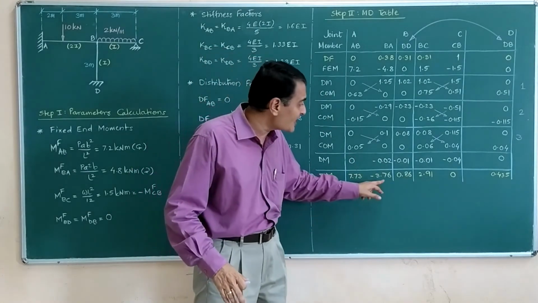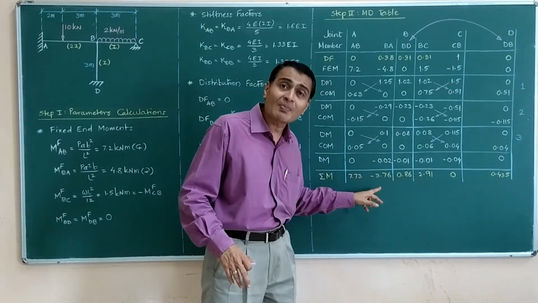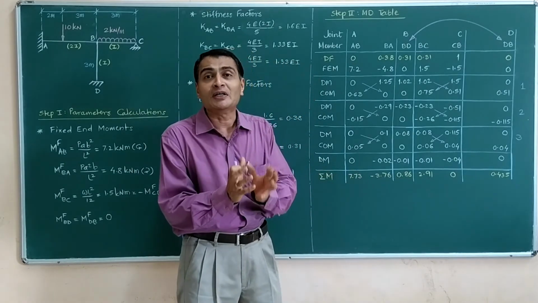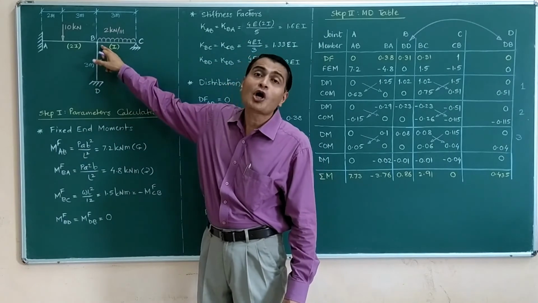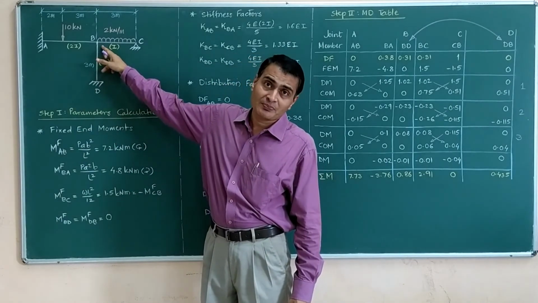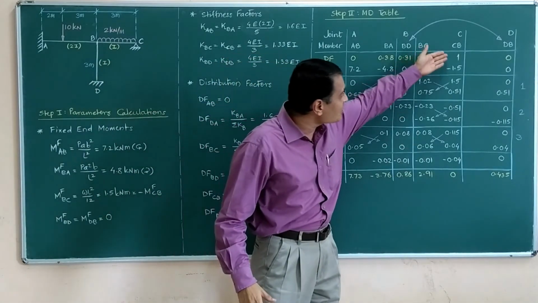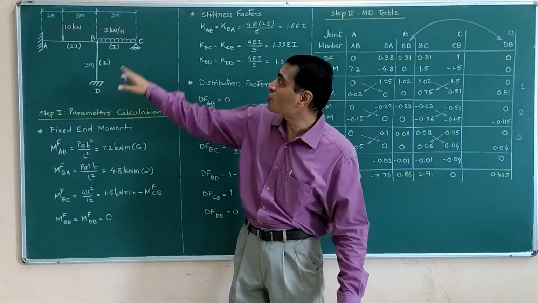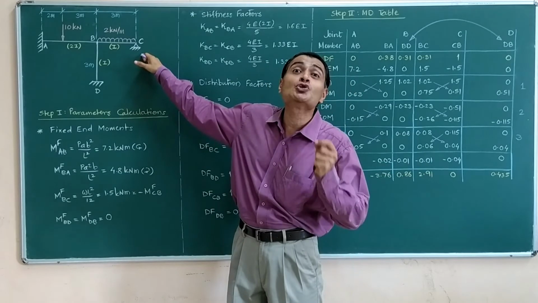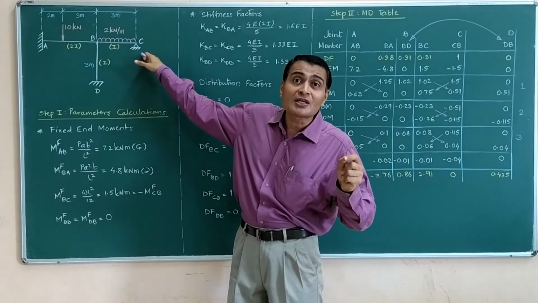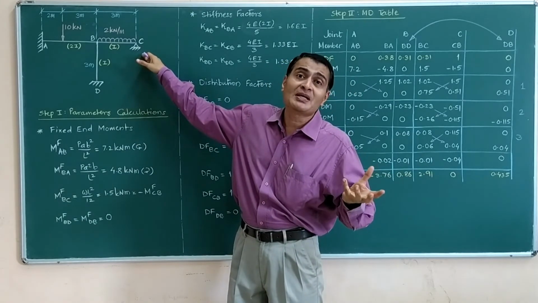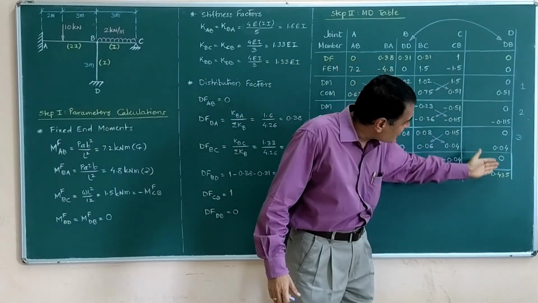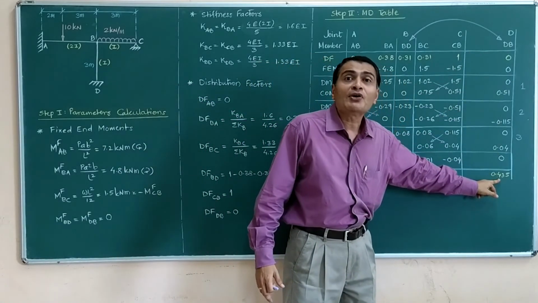So I am saying that since the moment summation at B joint has come to 0, this joint has got balanced. Similarly, you check this summation, you will get a 0, which is what we expect because this is an exterior hinge joint. At an exterior hinge joint, MCB has to be 0. I take this summation, here I am getting 0.435.